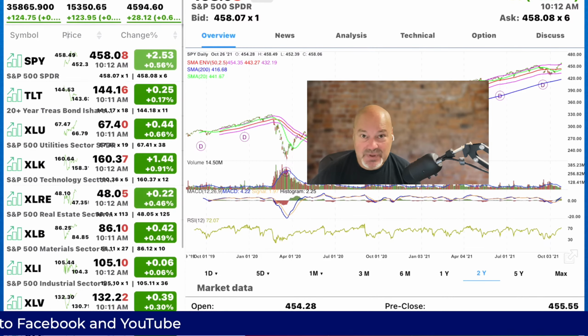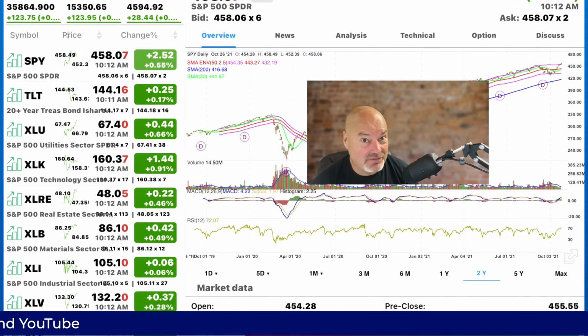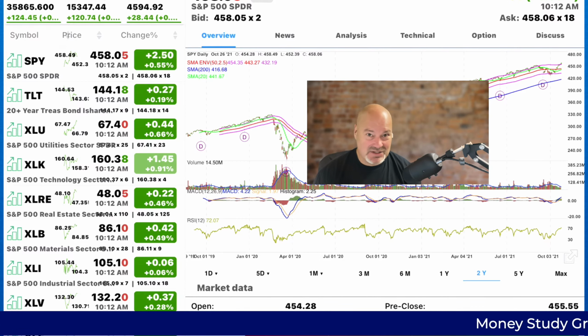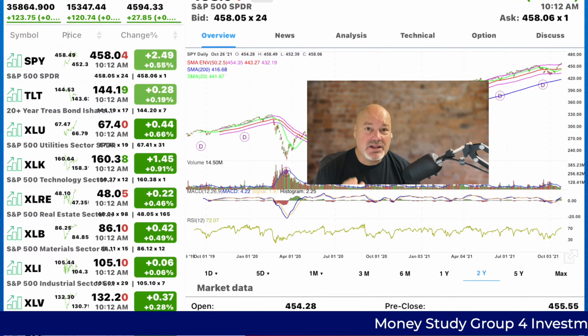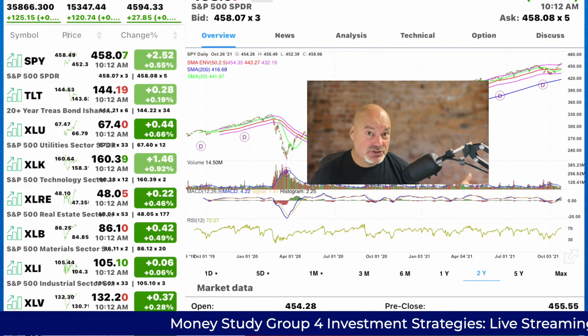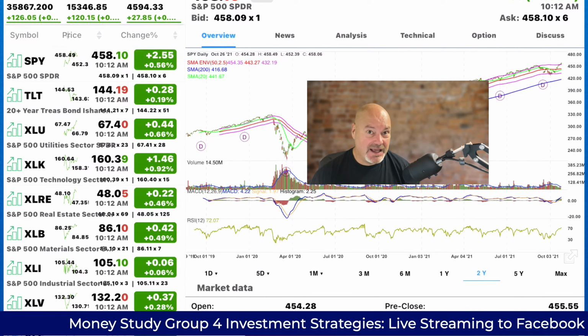So SPY, my favorite investment of all time, is basically a proxy or a replacement. It's one investment that you can invest in that gives you exposure to different asset classes.